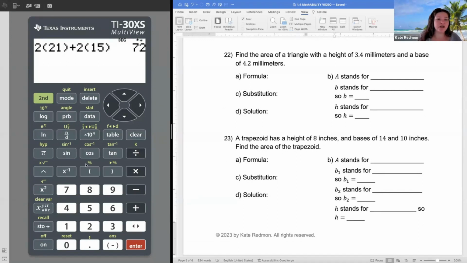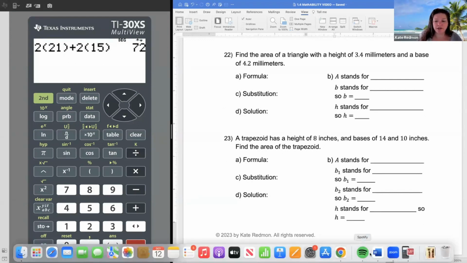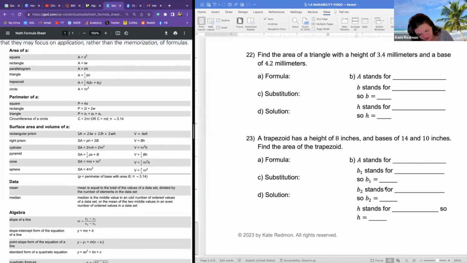Okay, we need our area of the triangle formula to start out. So we go grab our formula sheet. We're looking for the area of the triangle. We come to the area section, find the triangle, and we see that A is equal to 1/2 B times H. Now let's think about what this means. A stands for area, of course, we're finding the area of the triangle.